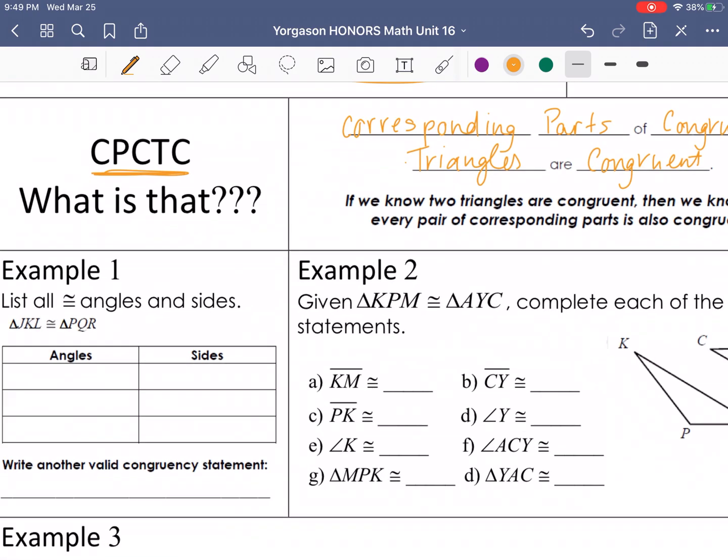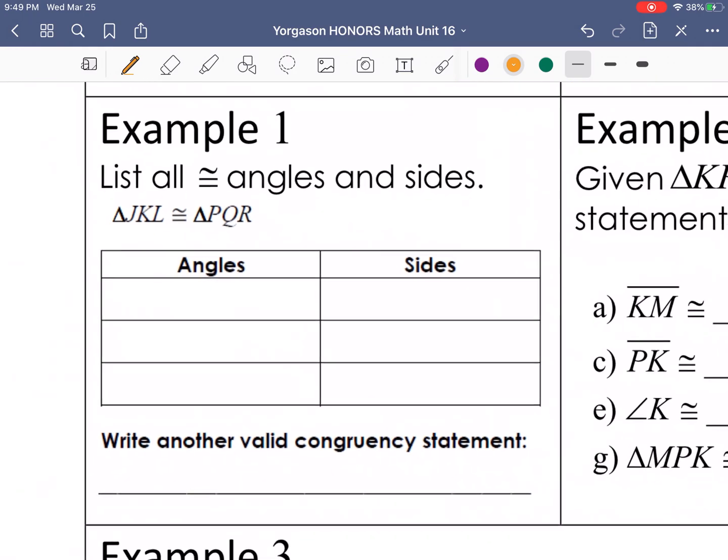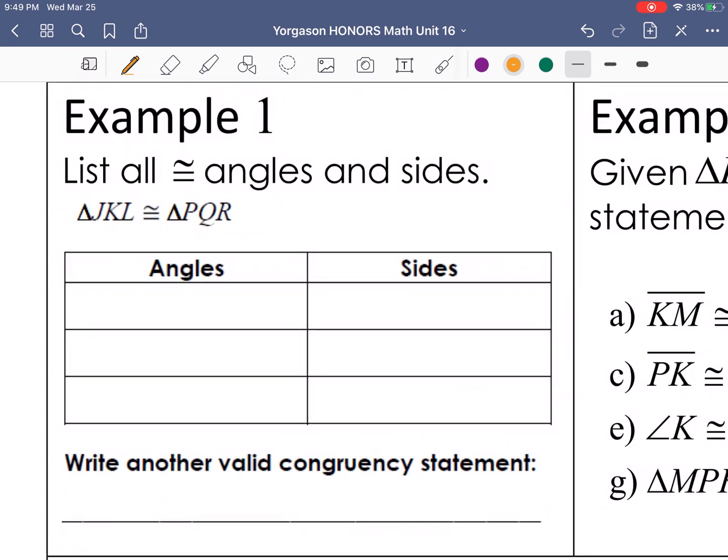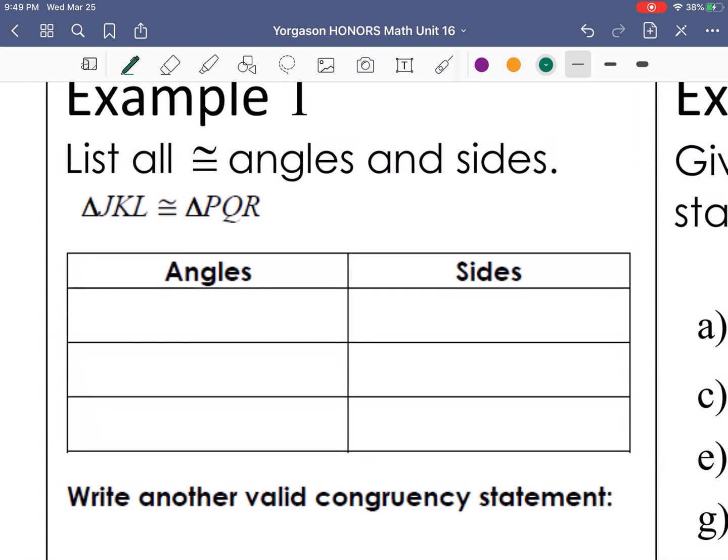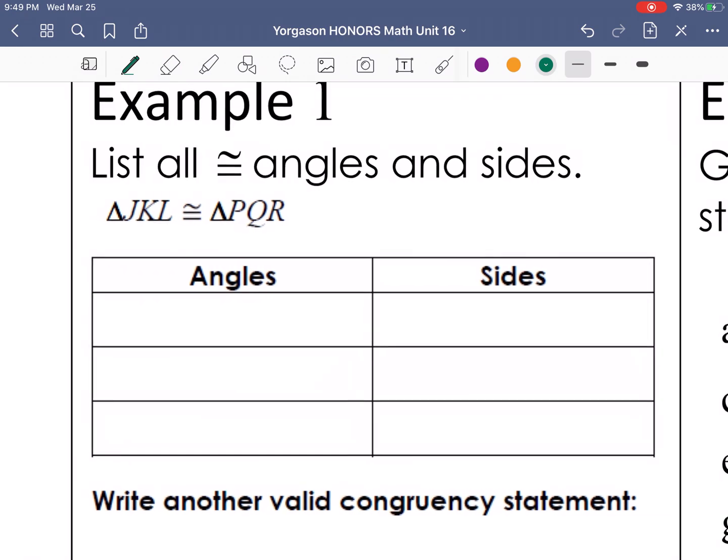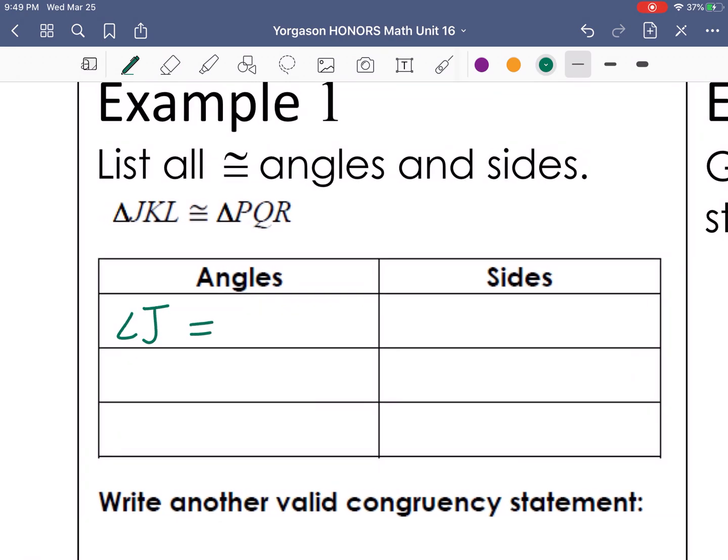Okay, let's see what we can use with this. Here they want us to list all congruent angles and sides. And I just did this up above, but maybe you could race me and see if you get them all listed here before I do. Remember that the order of the letters matters.